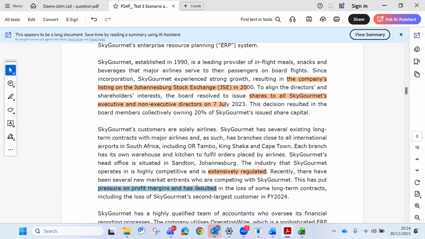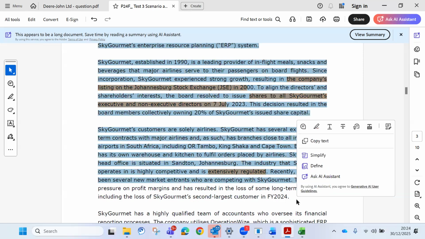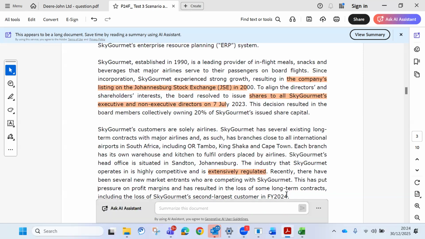Do you see now? They were very straightforward in giving you. You're not making assumptions that you might be in financial distress. You're reading to say, hey man, you've lost your second largest customer, you've lost a long-term customer, your profit margins are down. Now this is part of your going concern thing.